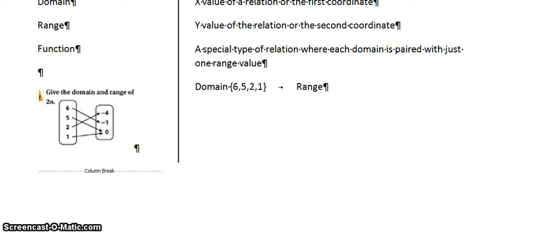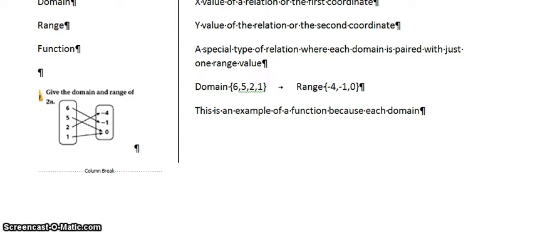And then our range, using our little bracket symbols, would be -4, -1, 0. Use your little brackets. Okay? And this is an example of a function because each domain matches with one range value. Okay, even though two of them, the 5 and the 1, are both going to 0, it's still a function. Okay.